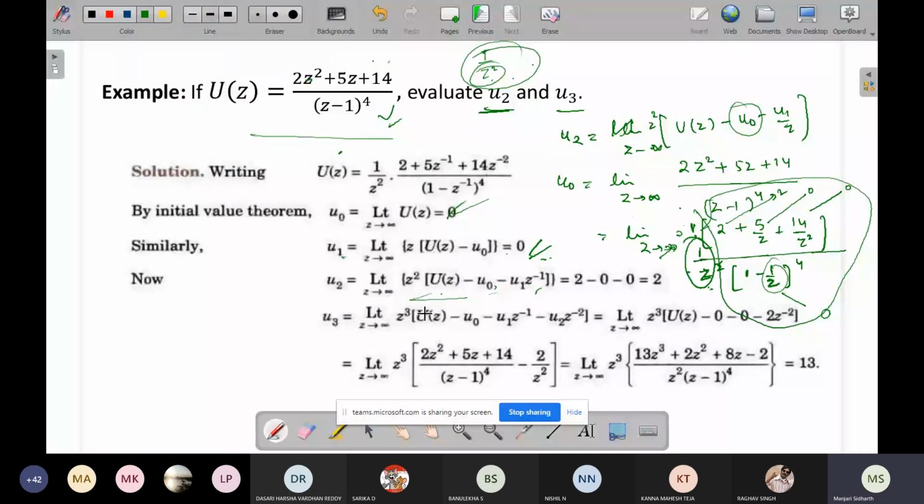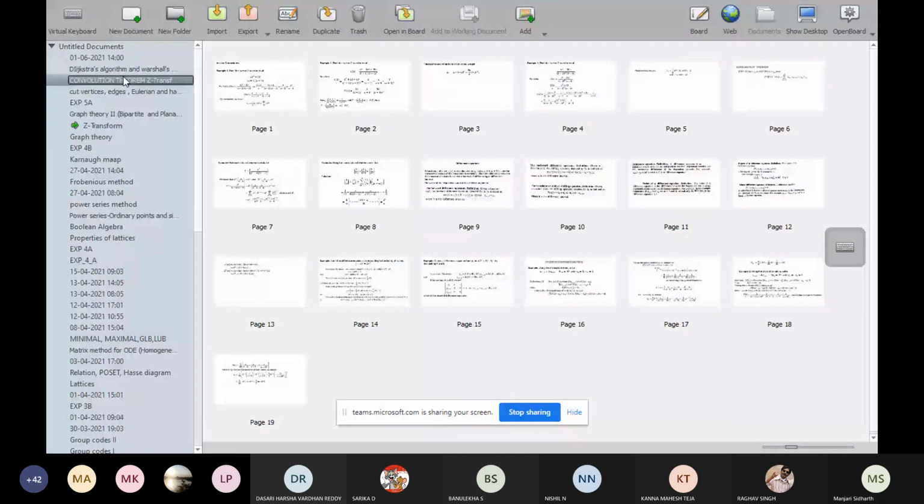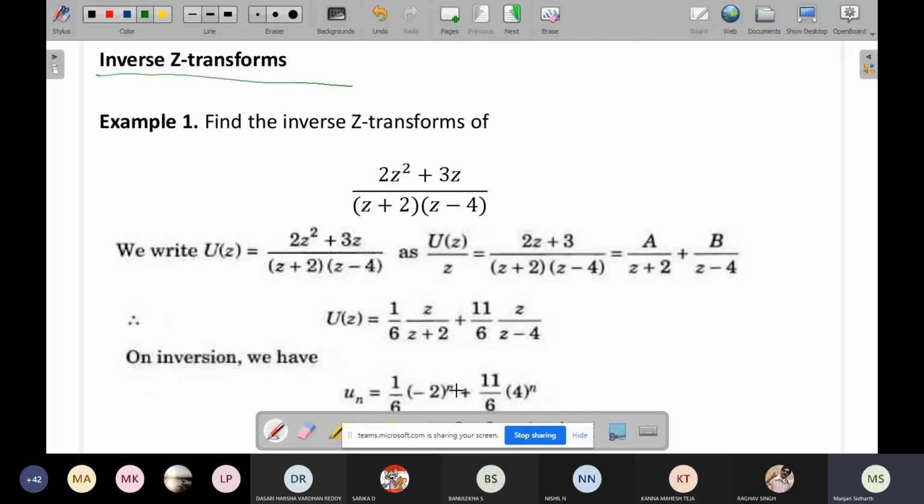Important one. Now next we have inverse Z transform. Please see here, a very important process I'm going to tell you.